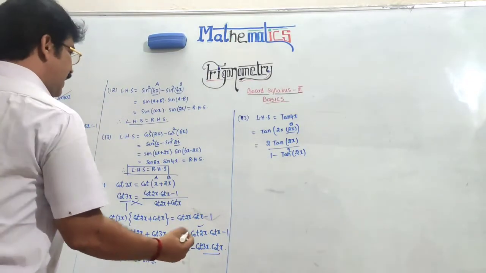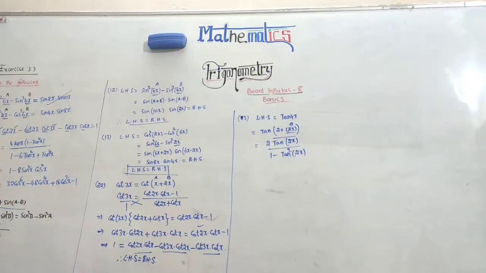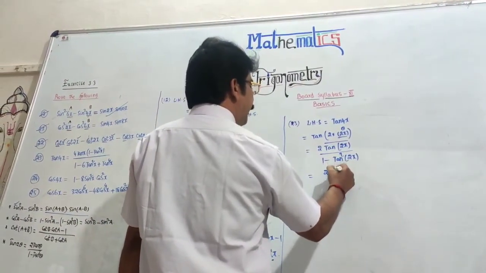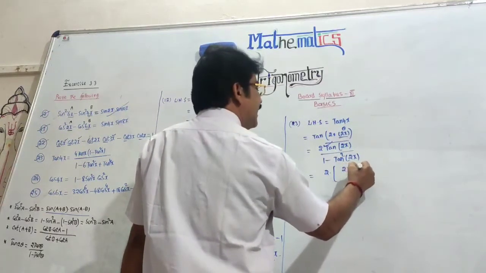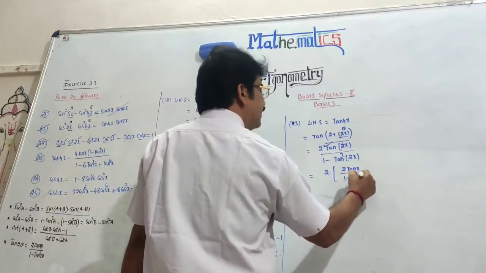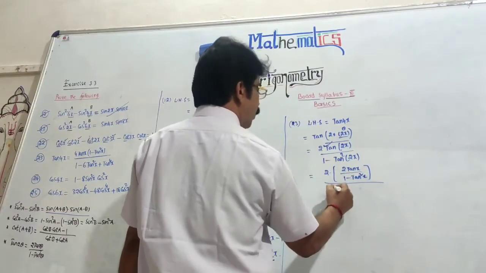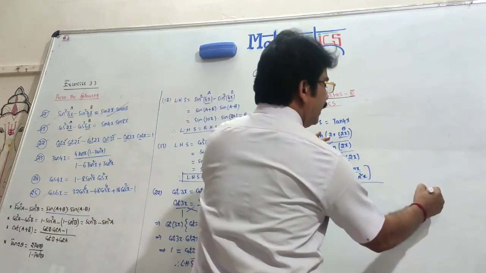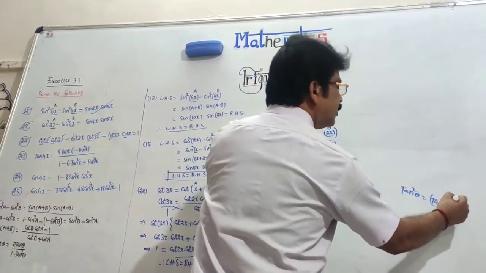Next, again we have tan 2x. Same formula. Tan 2x equal to 2 tan x divided by 1 minus tan square x. So that is equal to 2 into bracket begin, tan 2x, 2 tan x divided by 1 minus tan square x, whole divided by 1 minus, actually, what does tan square mean? Tan square theta means tan theta whole square.